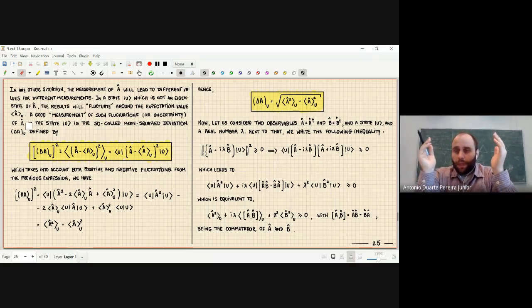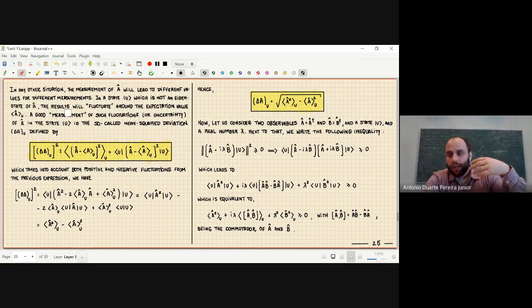Okay, we say that a good measure of such fluctuations, namely a way of seeing if the outcomes differ too much from the expectation value, is using the so-called mean square deviation.